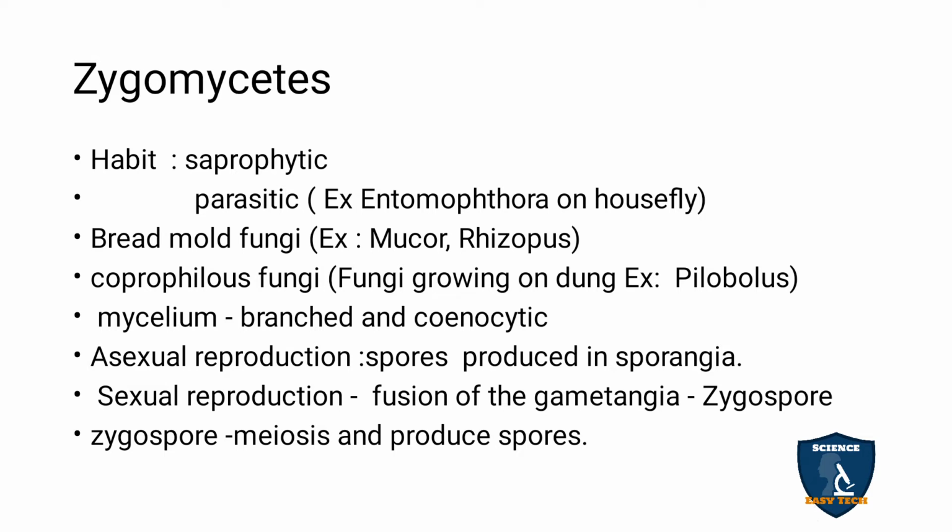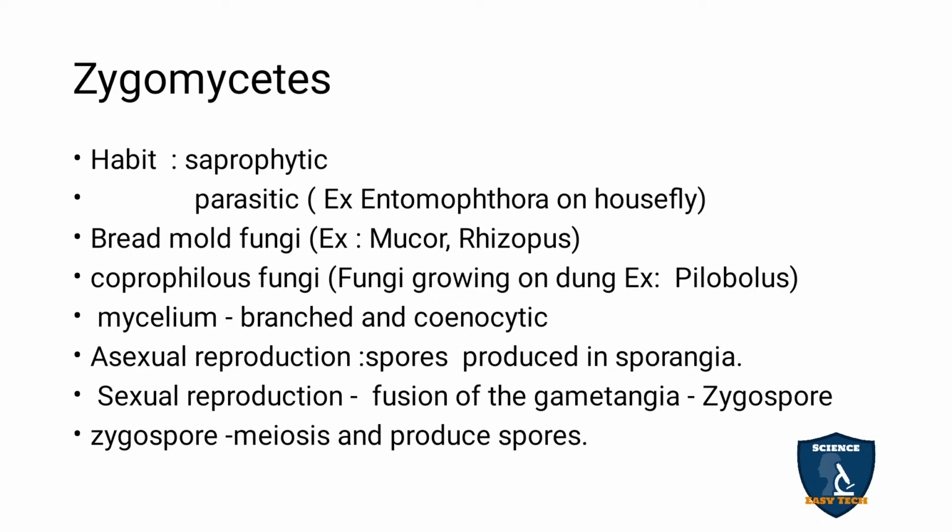Our cows put cow dung anywhere, and two days after you can see on the upper layer a powdery like substance in black color. That is called coprophilous fungi. It is a saprophytic fungi, decaying the cow dung and making it nutritious to the soil. It enriches the soil nutrients by decaying.